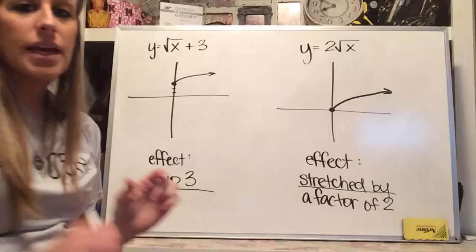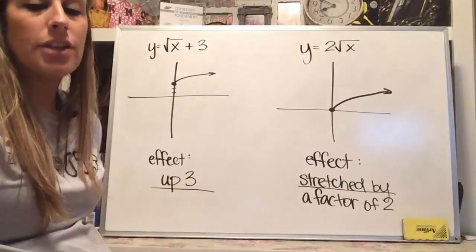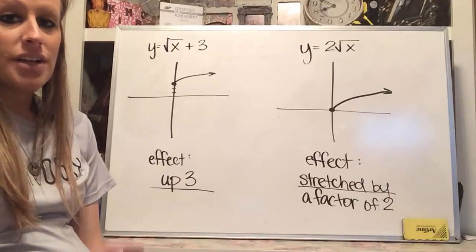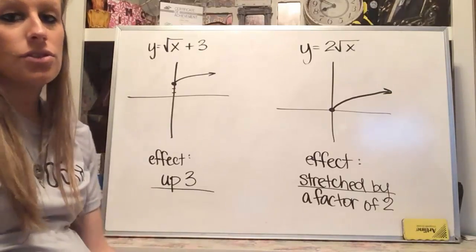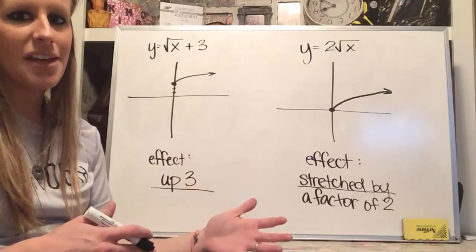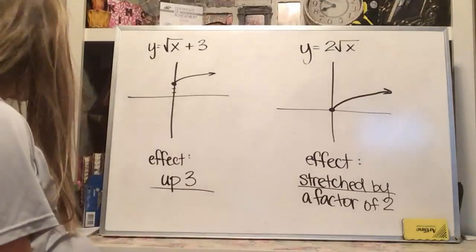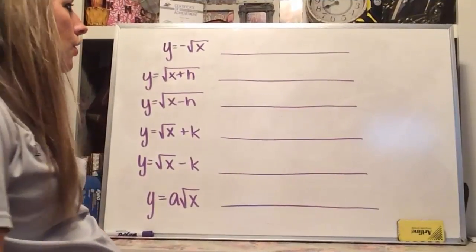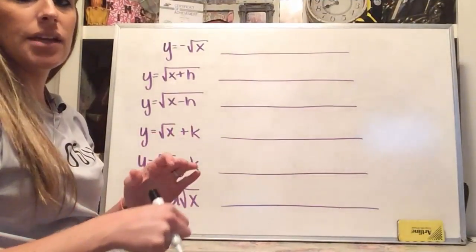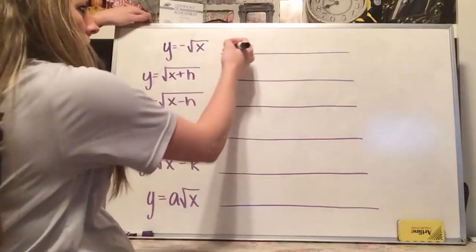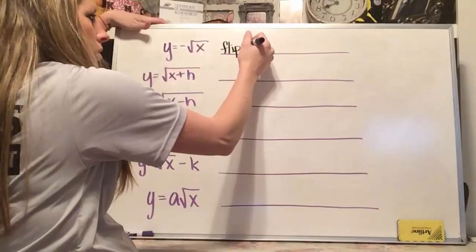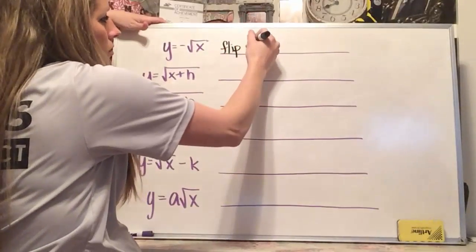Okay, on the bottom section, we're going to list out the transformations just like we did with quadratics. And the transformations are exactly the same as quadratics. So you can just copy over the same thing. But that's what we're going to do on the bottom section. So on the first one, if I have a negative in front of the square root of x, it's going to flip it upside down.